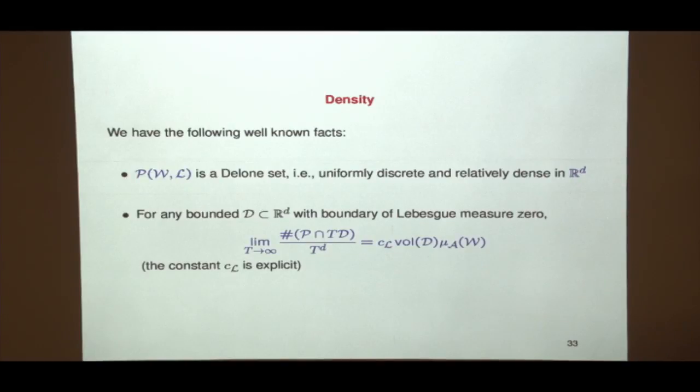And relatively dense in R^d means that you find a large ball, so that wherever you put this ball, there'll be at least one point of your set in there. And a Poisson process also doesn't have this property, because you have arbitrarily large empty patches. The set of primitive lattice points doesn't have this property either, because you can also have arbitrarily large empty patches. A lattice has this property, right? A lattice is the prime example of such a set.